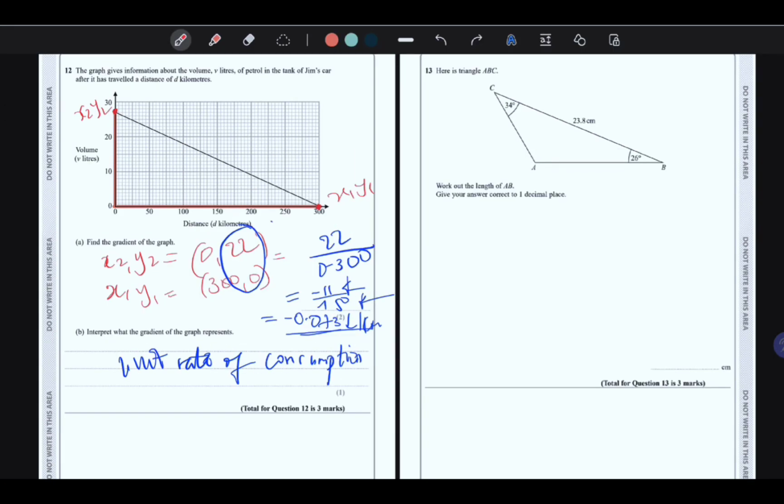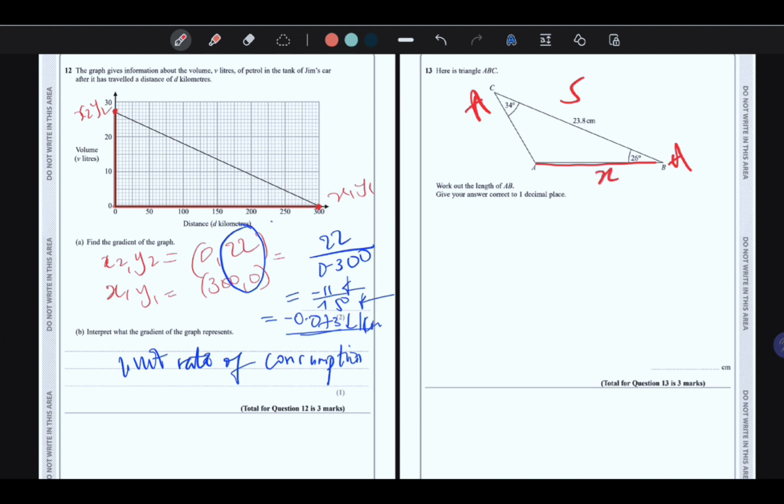Question 13. Here is a triangle ABC. Work out the length of AB. Give your answer correct to 1 decimal place. So we have angle, side, angle. We would either need to use the cosine rule or the sine rule. So they want us to work out the length AB.